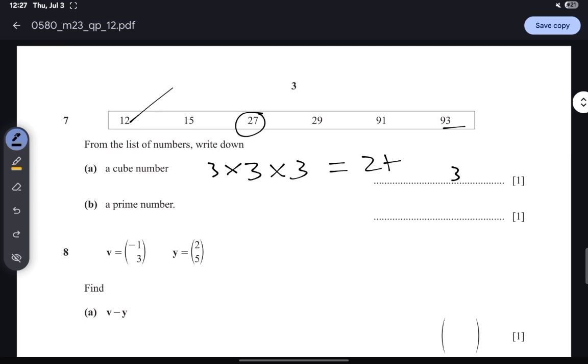For 91 not too sure. Then 29. 3 can also get into 15. So it should be a number that is divisible only by itself and 1.